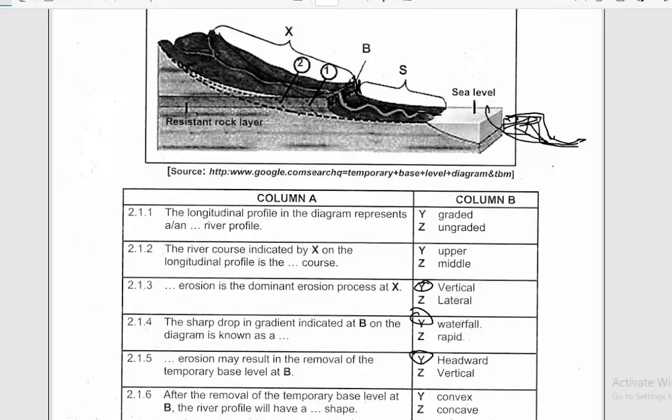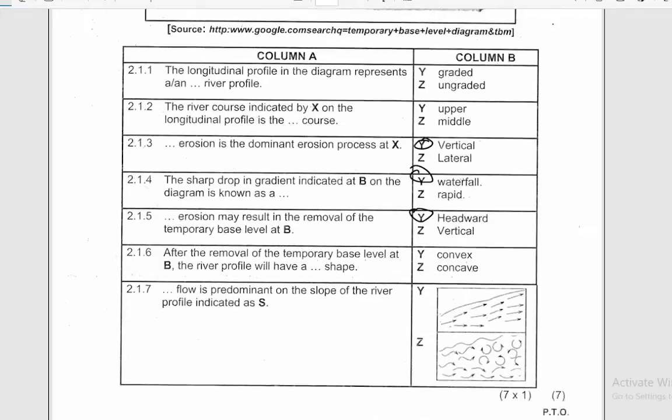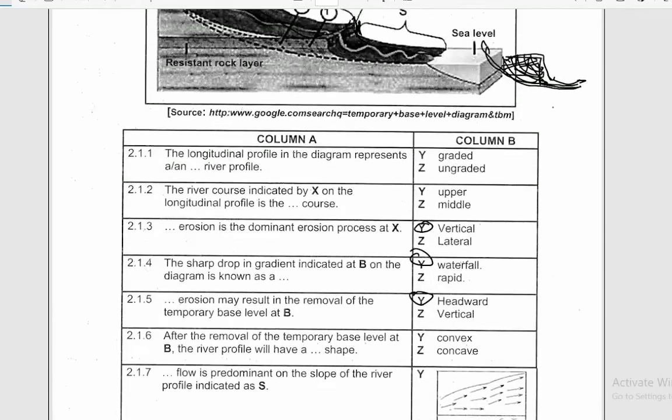So this temporal base level is going to be eroded headwardly until the river attains a smooth concave shape. Then number 216, after the removal of the temporal base level, it's giving us a nick point here. The river starts from there, goes down and continues. If it's removed, the river becomes a smooth concave like this. So it's Z for that one.